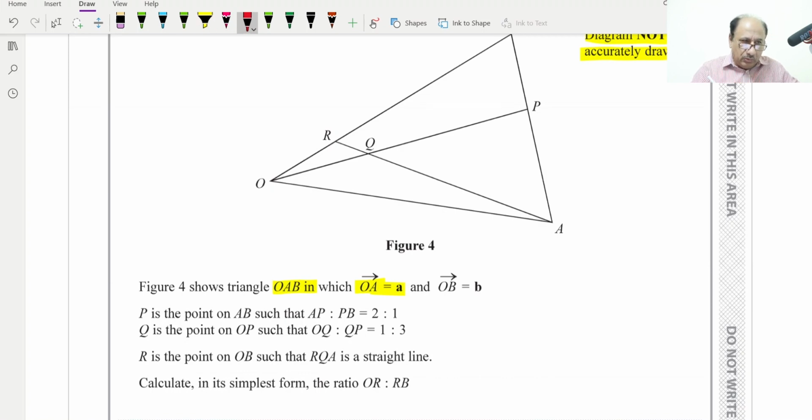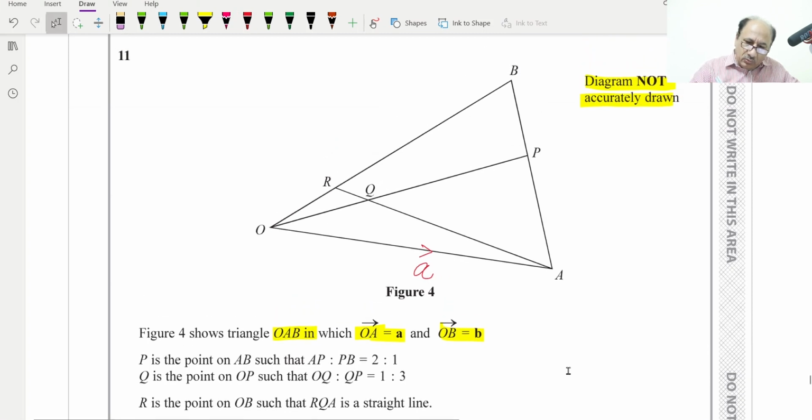So OA is this direction, OA is a, and OB is b. This is the OB direction, and they're saying this is b.